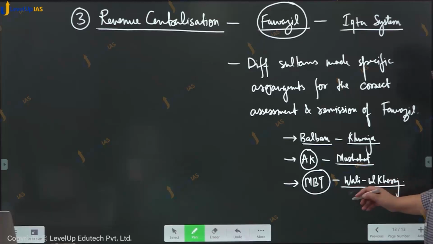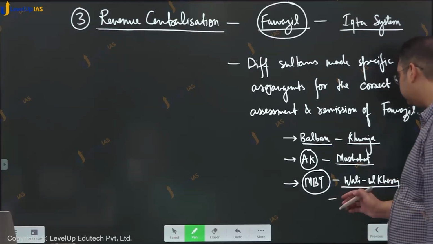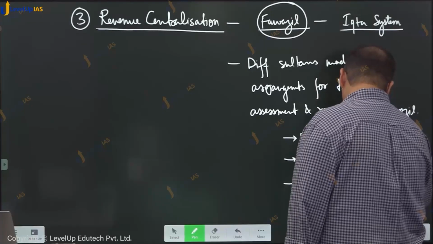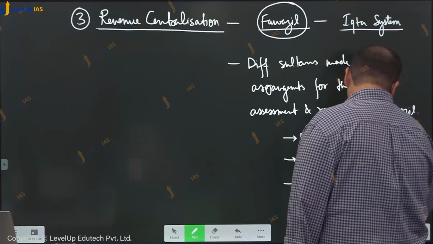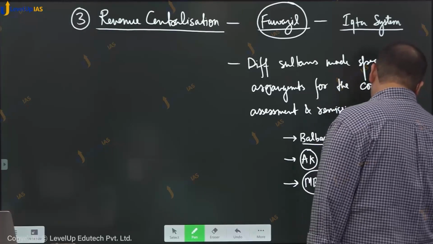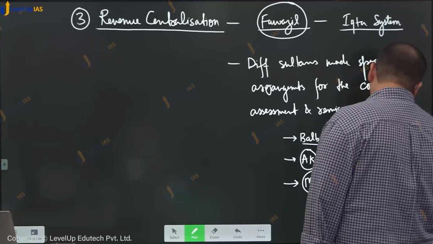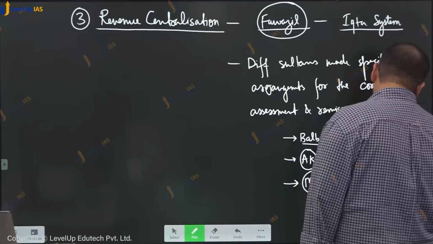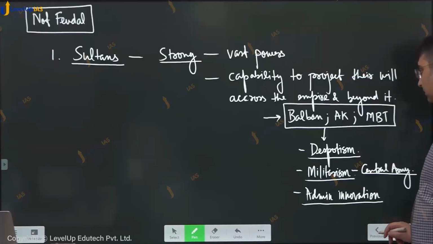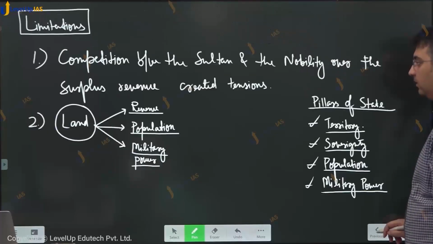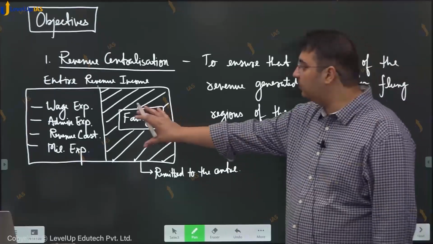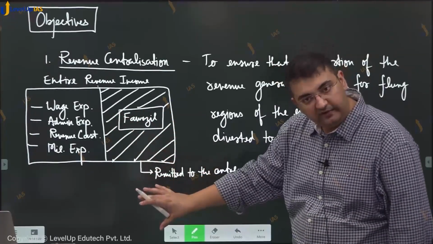He also introduced the practice of complete revenue centralization, meaning कि ये जो डिवीजन ऑफ रेवेन्यूज हो रहा था, that would no longer take place at the provincial level.